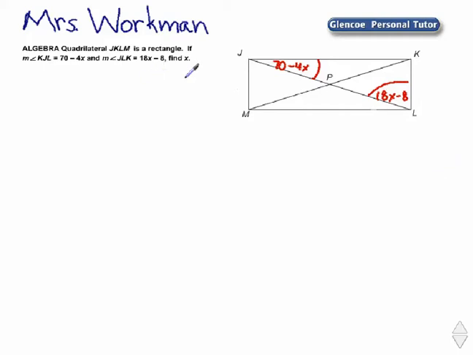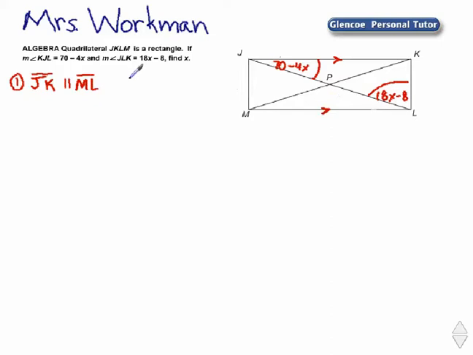The first thing I want to clarify here, and I'm going to number my steps just in case I need to refer to them and it might help us organize our thoughts. We know that segment JK is parallel to segment ML. I'm going to put the arrows on to signify that they're parallel.